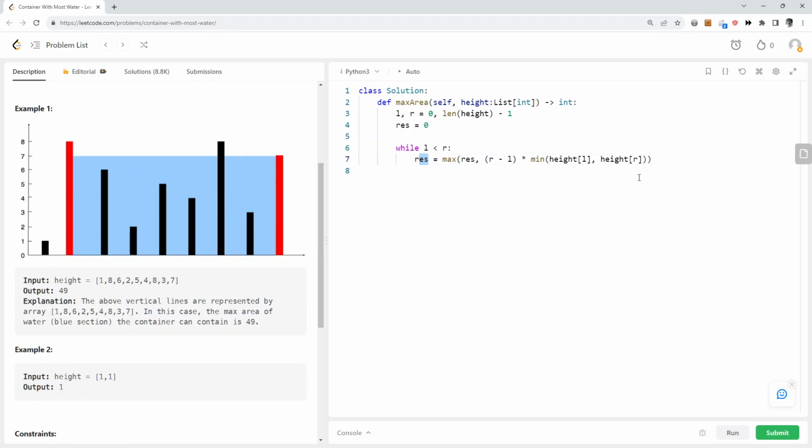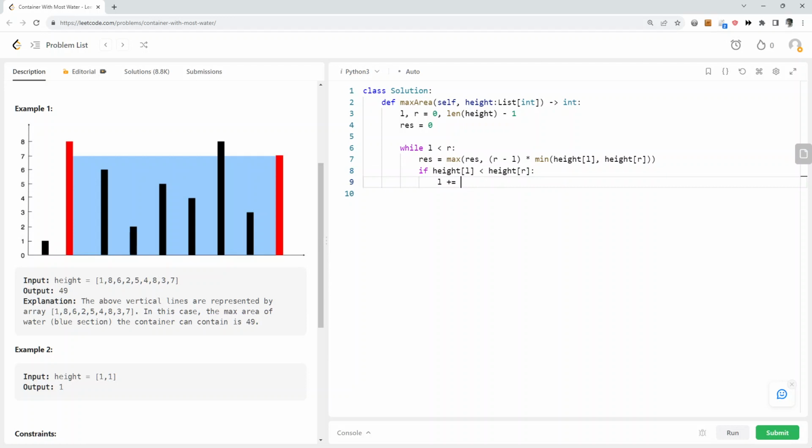Now we'll go on here. We see which one of them is the smaller one. If height of L is less than height of R, then we increase the left pointer.